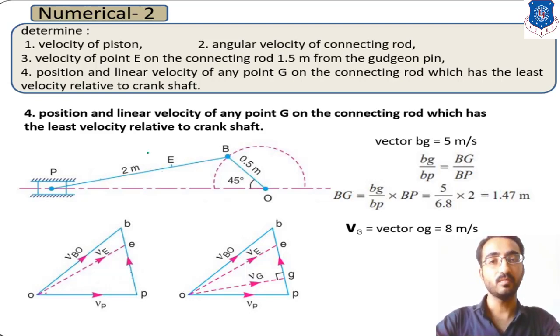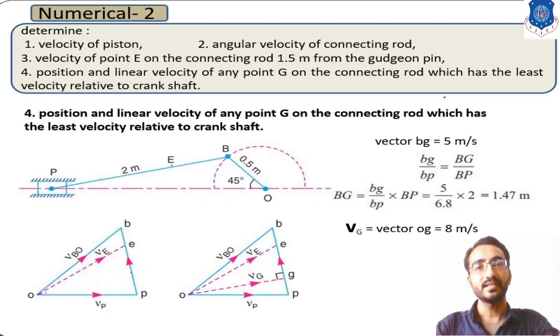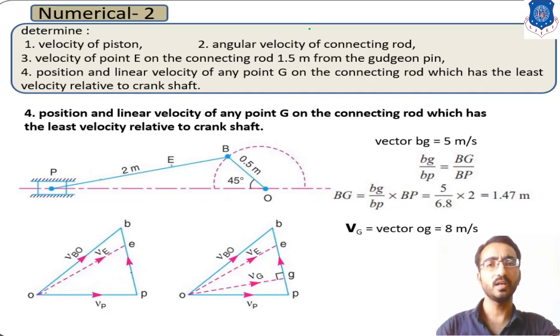In any mechanism, even if the diagram is complex and has a multiple number of connecting rods, or we can say multiple links, then in that case you can use this method to solve the numericals. Okay, so this is about how we can solve numericals in the velocity analysis method.